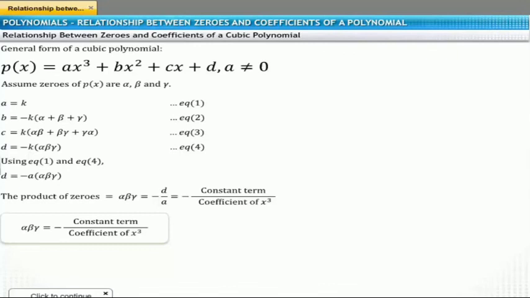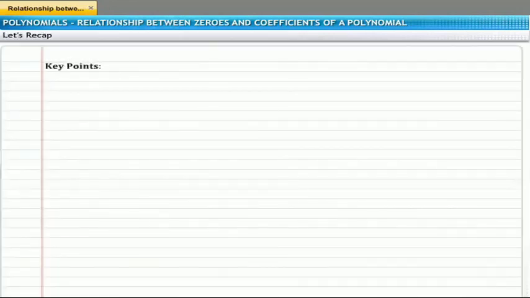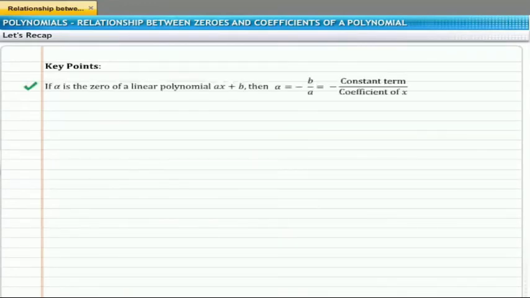So in this way we are getting the sum of zeros, that is alpha plus beta plus gamma, the sum of products of zeros taken two at a time, that is alpha beta plus beta gamma plus gamma alpha, and the product of zeros, that is alpha beta gamma, for a cubic polynomial. So by these formulas we can find out the zeros' relations.